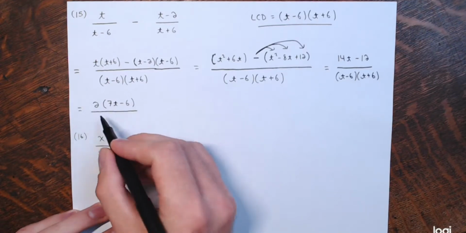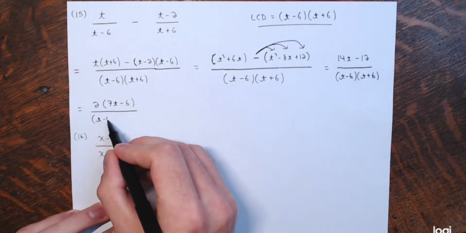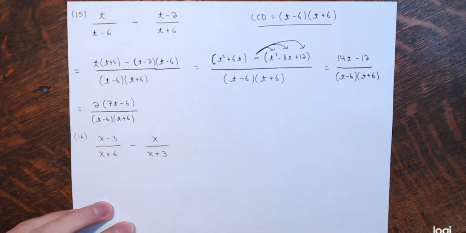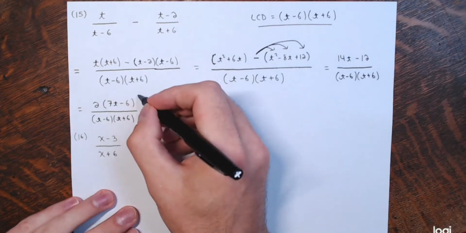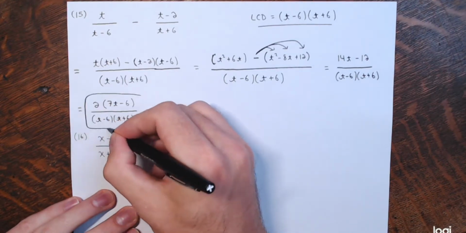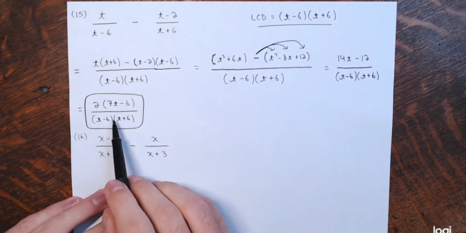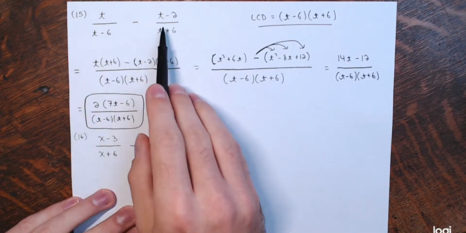And the denominator is already factored, t minus 6, t plus 6. And I am not seeing any common factors in the numerator and denominator. So this is it. All right, this is it right here. The value of this expression is the difference of these two that we started with.